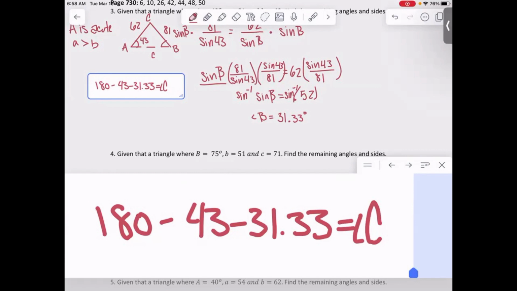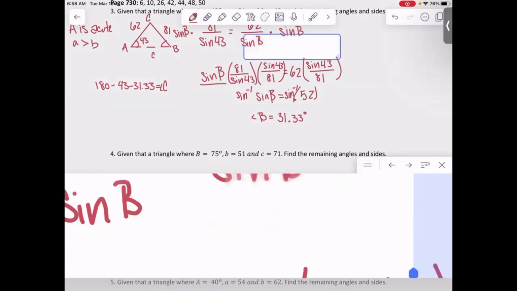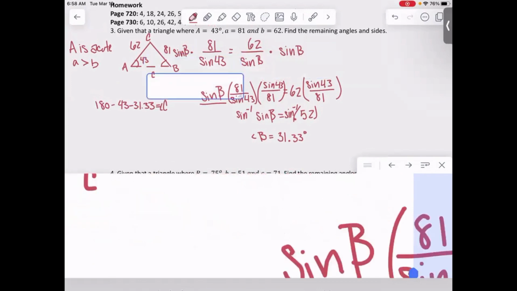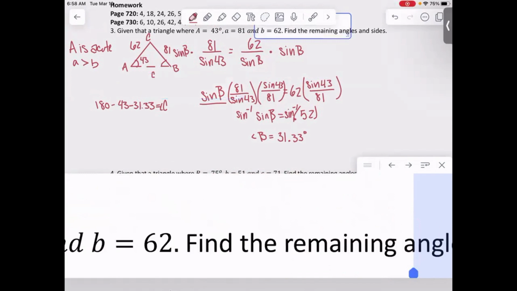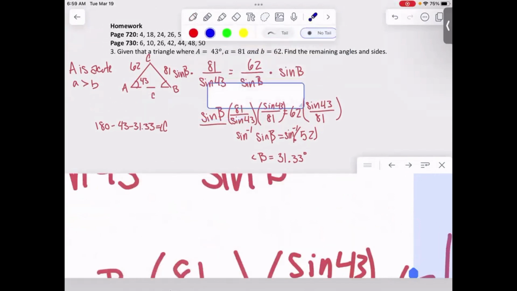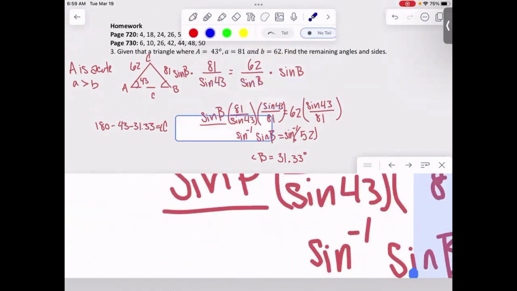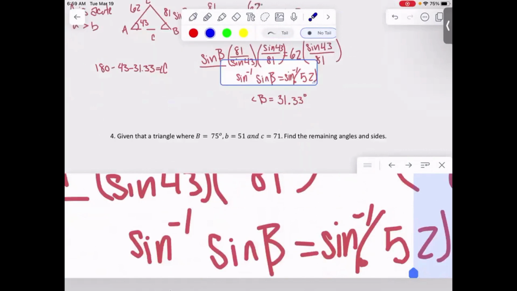I understand this math on the right side is a little bit trickier, but it is stuff we have seen before. You can't solve for something if it's in the denominator, so you need to multiply it over. If you have a fraction, you've got to multiply by its reciprocal, which is what we're doing here. And then if you have a sine of B, in order to get rid of the sine, you have to take inverse sine. So hopefully these things are ringing a bell.